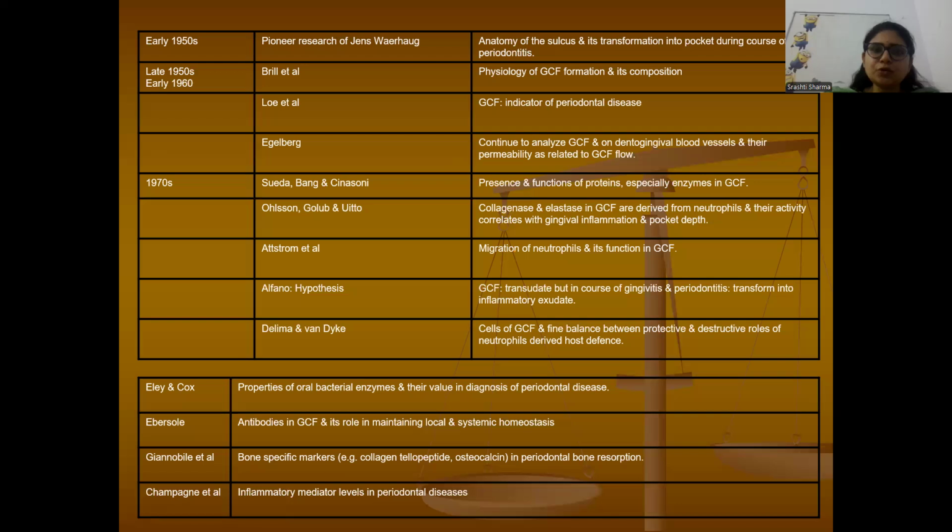Ohlsson, Golub, and others did work on collagenase and elastase in GCF, which are derived from neutrophils, and their activity correlates with gingival inflammation and pocket depth.